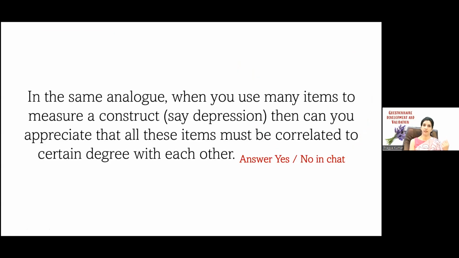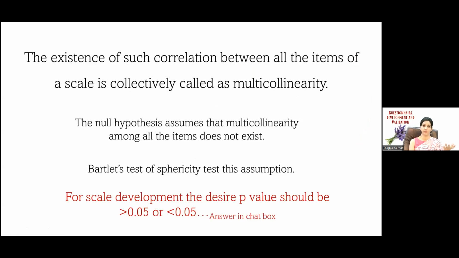So in the same analogy, when you use many items to measure a construct, then you can appreciate that all these items must be correlated to a certain degree with each other. And the existence of such correlation between all the items of a scale is collectively called multicollinearity. So the null hypothesis in the Bartlett's test of sphericity, so we are discussing sphericity now, assumes that there is no correlation between these items.